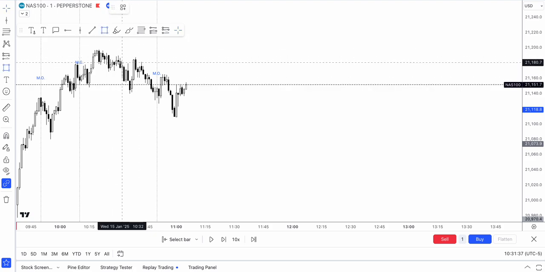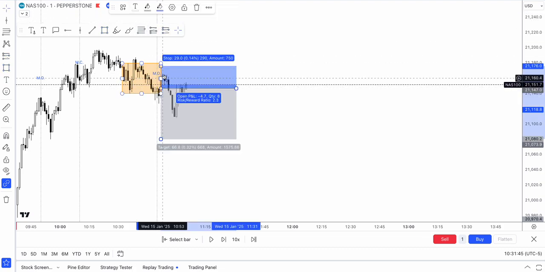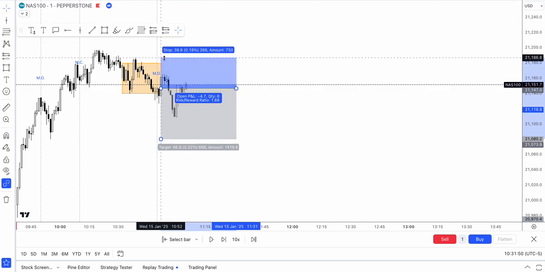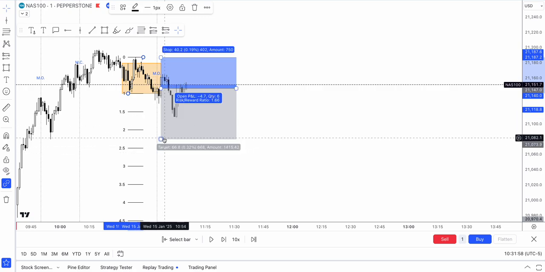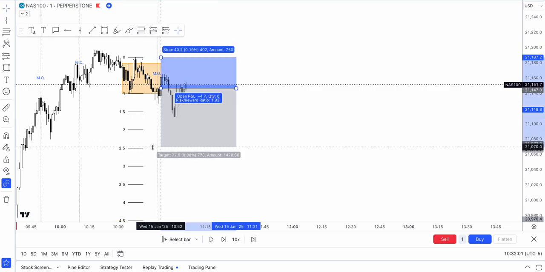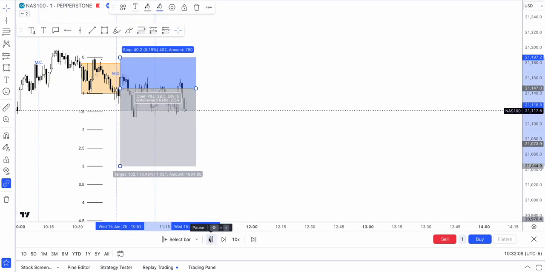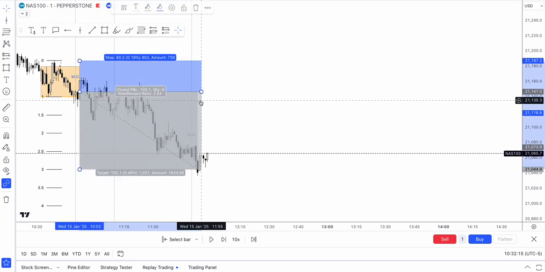Let's see a sell here potentially. Yeah, so that was a valid sell, it went through.